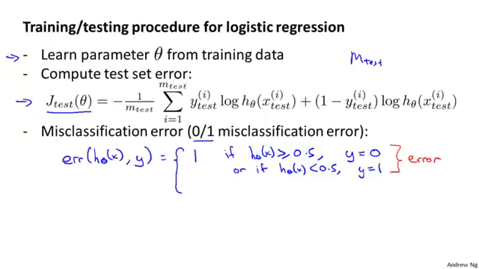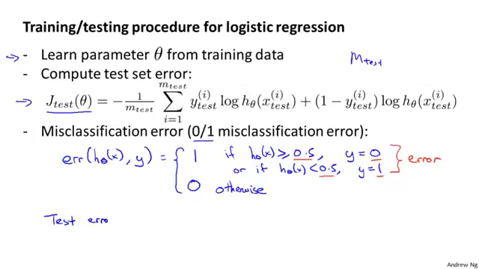So both of these cases basically correspond to if your hypothesis mislabeled the example, assuming you thresholded at 0.5. So either it thought it was more likely to be 1, but it was actually 0, or your hypothesis thought it was more likely to be 0, but the label was actually 1. And otherwise, we define this error function to be 0 if your hypothesis basically classified the example y correctly.